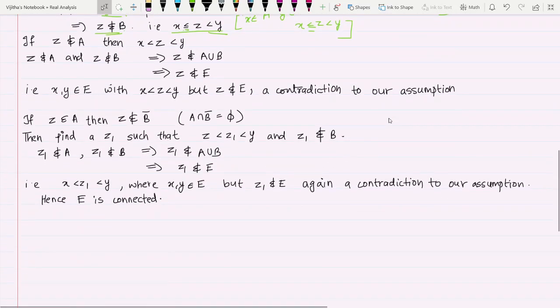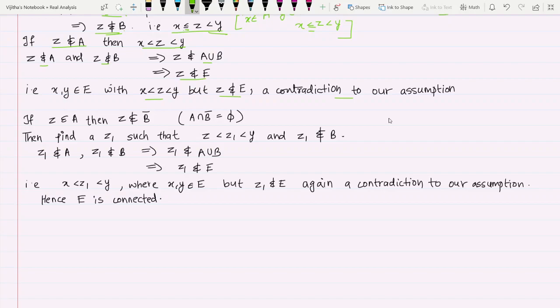Now suppose that Z is not in A, we will get X less than Z less than Y. So Z is not in A and Z is not in B. Then Z is not in A union B. That is, Z is not an element of E, because we have assumed E is equal to A union B. So we got X and Y in E with X less than Z less than Y, but Z is not an element of E. So it is a contradiction to our assumption, that is the property which we have assumed. So hence this is not possible.